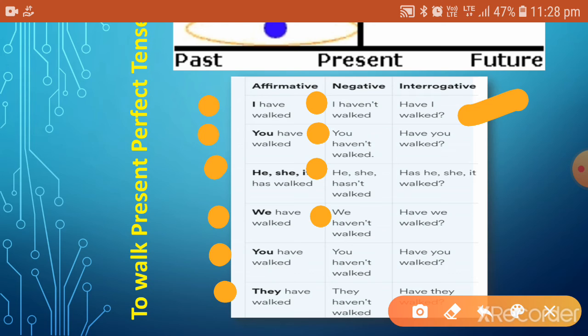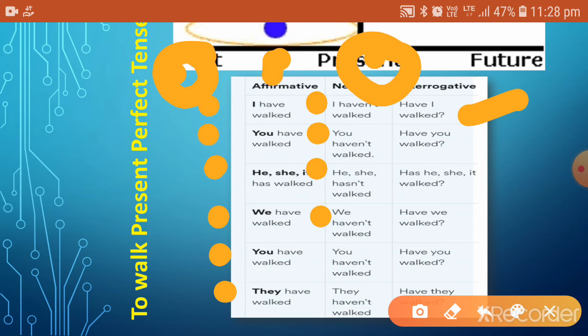Here one more thing you can check. This is the point of unspecified time. It means if there is the existence of present perfect tense, we can say here, it means between the past and present. Here we can say now, and this one is before now.